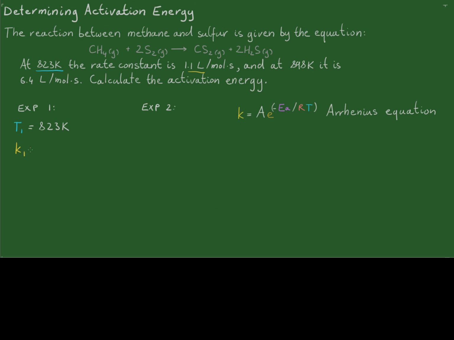So I will write K1 for the rate constant of experiment 1 equals 1.1 liters per mole second. And I will do the same thing for experiment 2. It was carried out at 898 Kelvin, and the rate constant was determined to be 6.4. Do not forget the units.